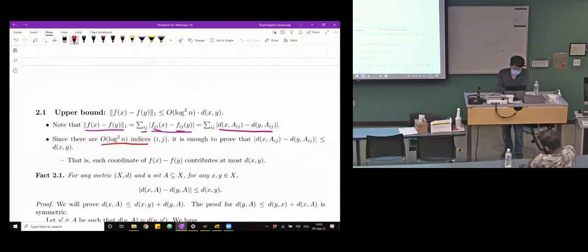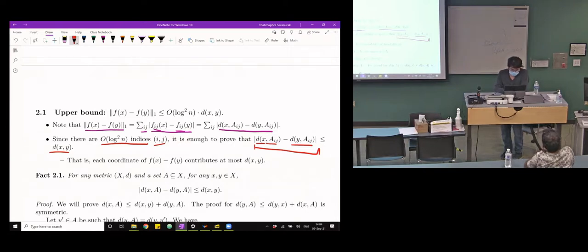Because there are log n squared indices over all ij, if I can prove that the difference between dx Aj and dy Aj is at most the original distance, then I would be done, right?